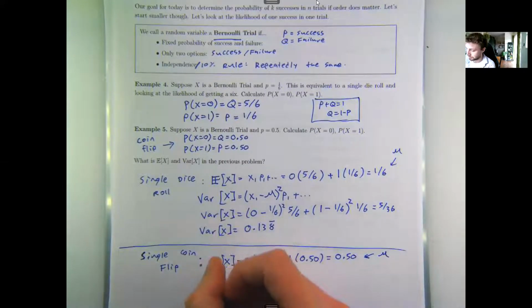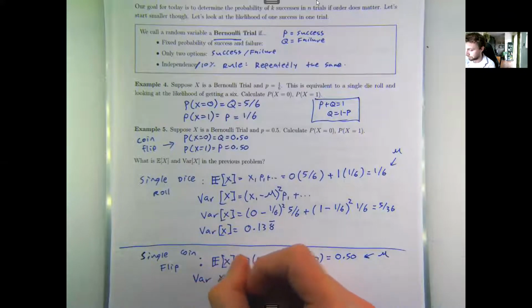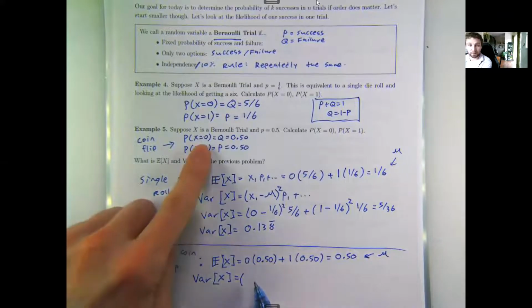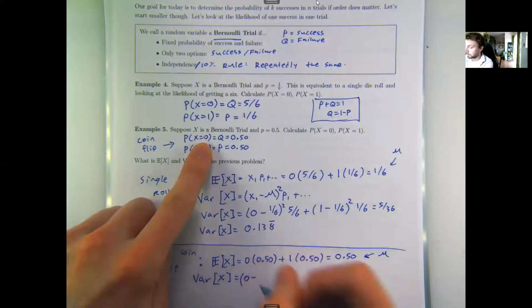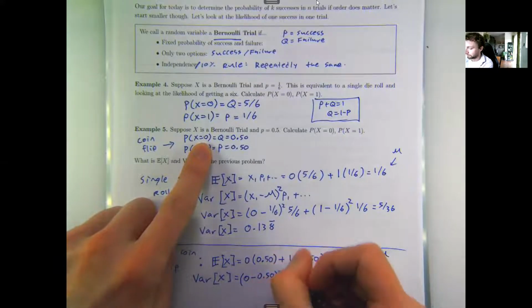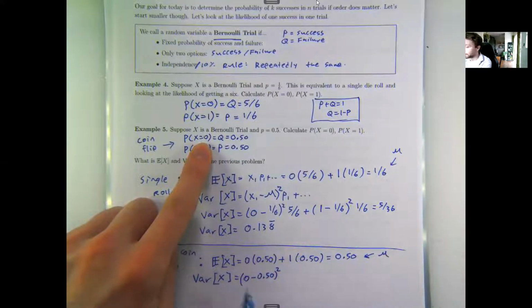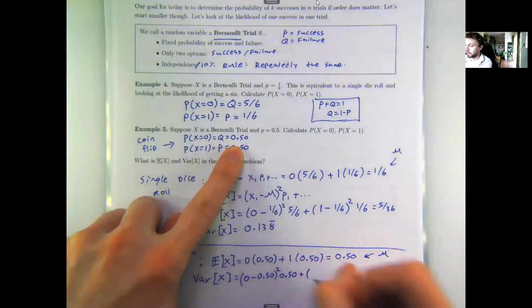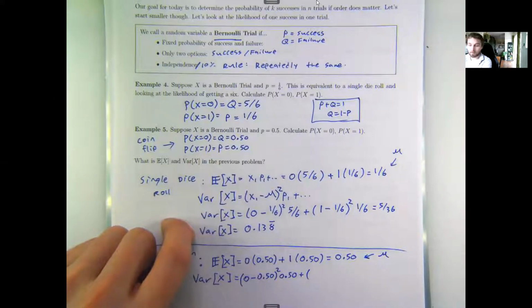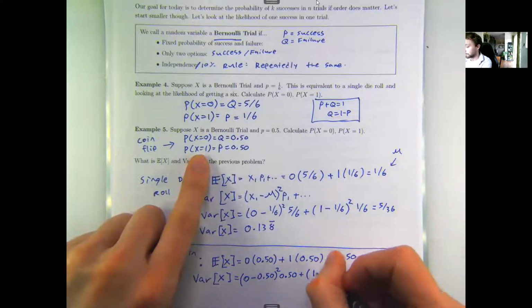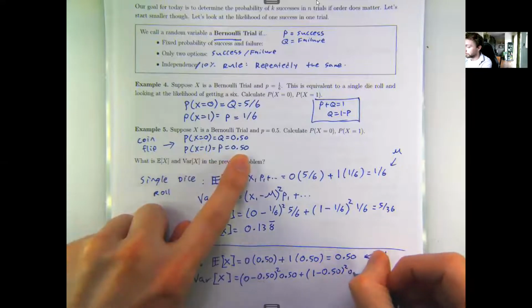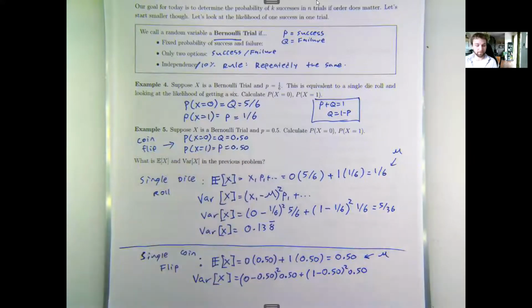Let's find the variance. Going to take the first x value for this coin flip, 0, minus the center of 0.5. Going to square this. I'm going to multiply this by the probability of 0, also 0.5. A lot of 0.5s in this one, that's okay. My next x value is 1, minus the center is 0.5 again, multiplied by the probability of 0.5.